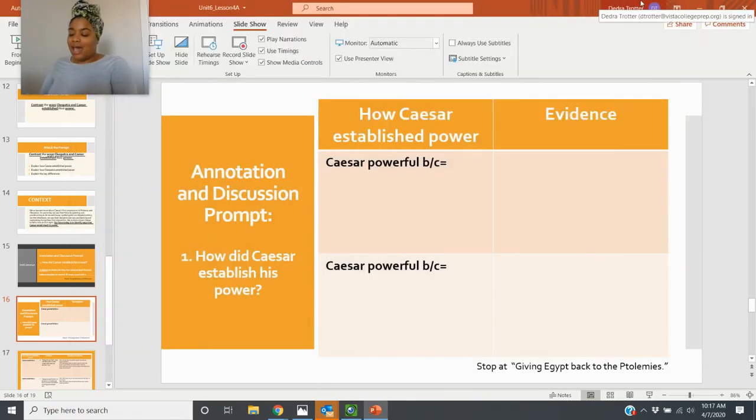In my boxes, I need to write how Caesar established power. So I am writing, you are writing. How Caesar, this is the box to your left.